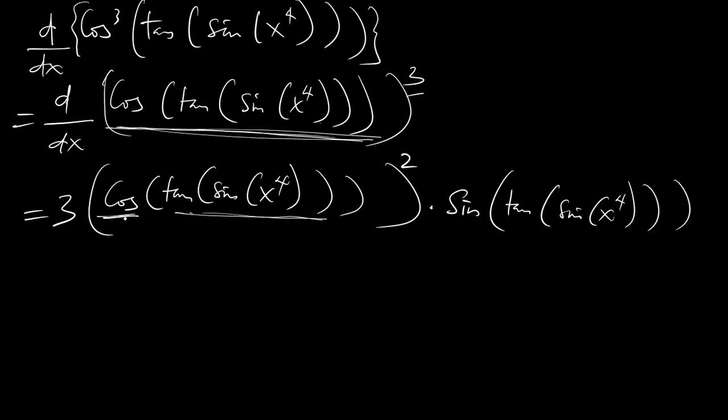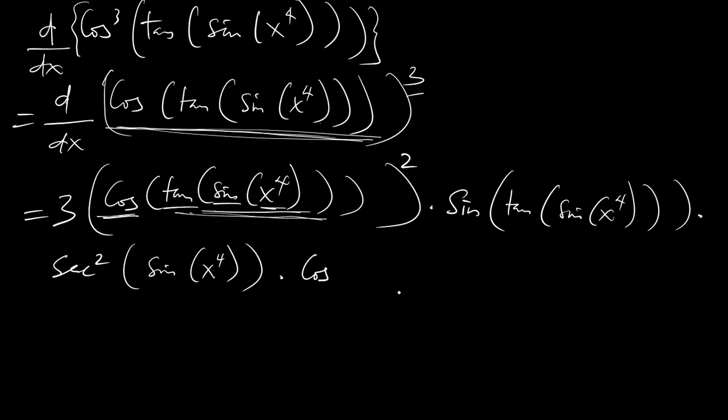Now having done this, we need to differentiate this with respect to this one inside here. So you have times sec squared sine x to the power 4. Now differentiating this one inside here with respect to x to the power 4, you now have cos.